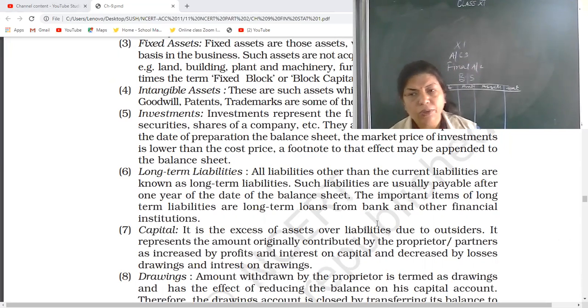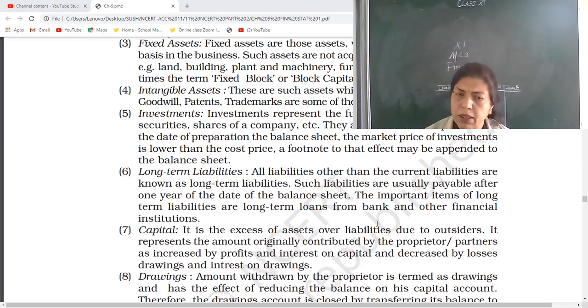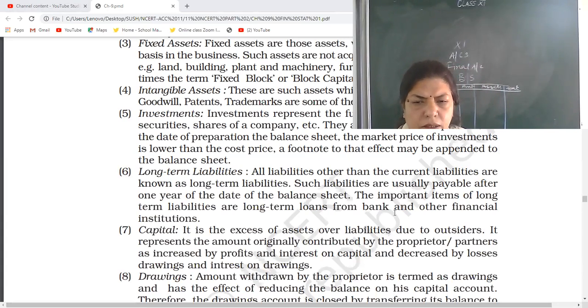See, banks are also giving facilities of different durations for loans. If you are able to pay back that loan within 1 year, that is termed as a short-term loan. And if you are taking a loan for the long term, more than 1 year, for 3 years, 5 years, 20 years, that will be termed as long-term liabilities. Clear? So, long-term liabilities means those liabilities which are not payable within 1 year, other than current liabilities or short-term liabilities.